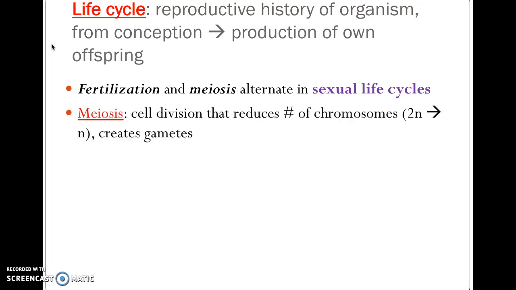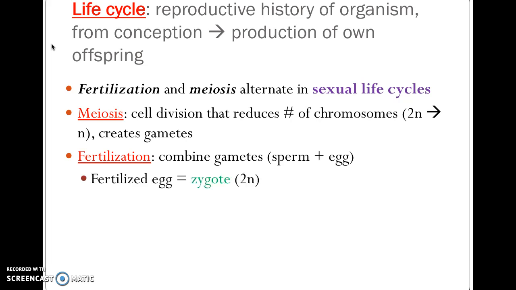So meiosis is going to be the type of cell division that reduces the number of chromosomes from diploid to haploid and makes our gamete cells. And then once we've made the gamete cells, if they are fertilized, that's the process of combining egg and sperm cells. A fertilized egg is called a zygote, and zygote cells are diploid.